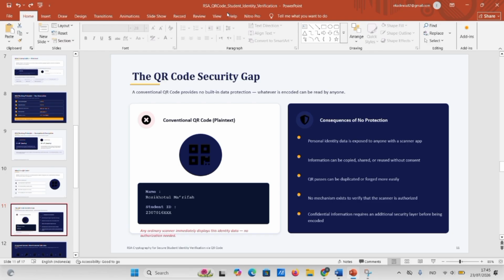Information can be copied, shared, or reused without consent. A QR pass can be duplicated or forged more easily. No mechanism exists to verify that the scanner is authorized. Confidential information requires an additional security layer before being encoded.